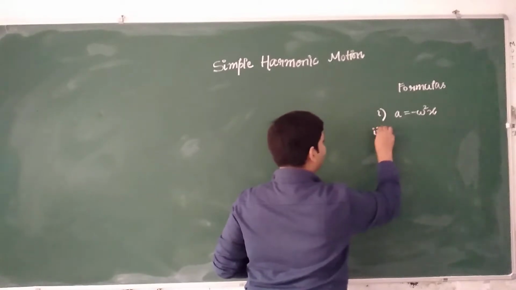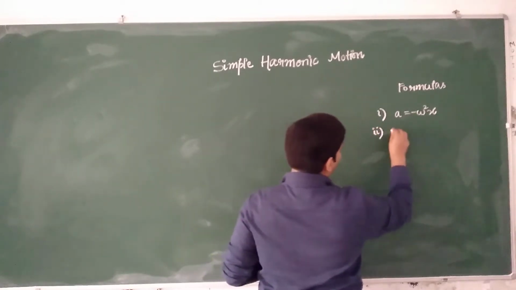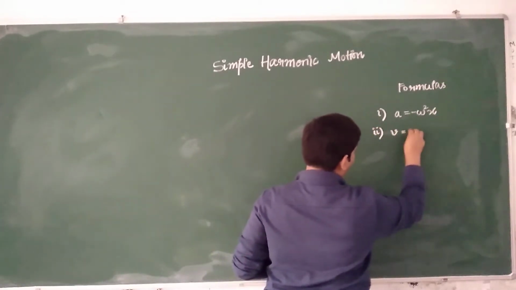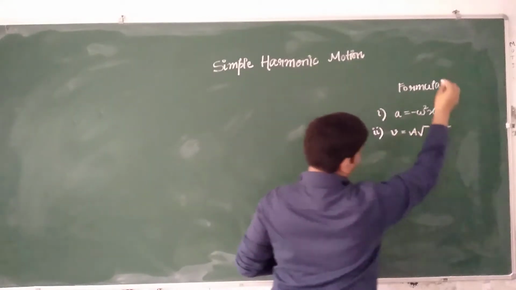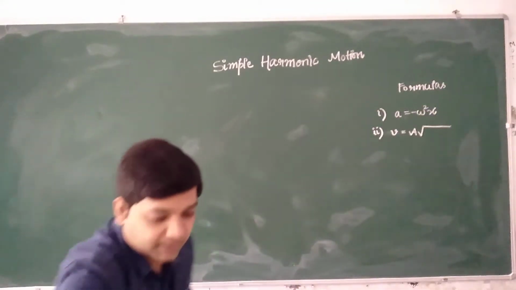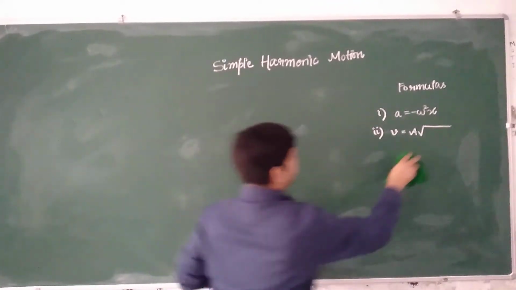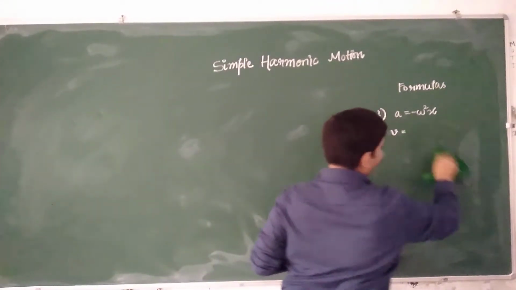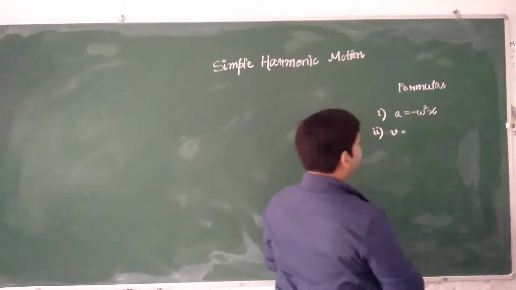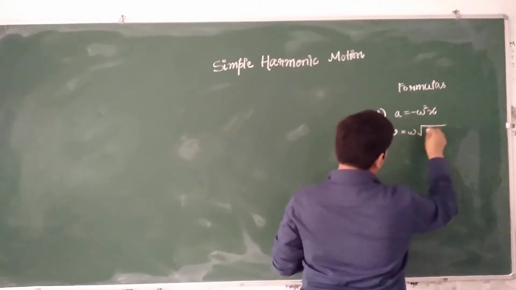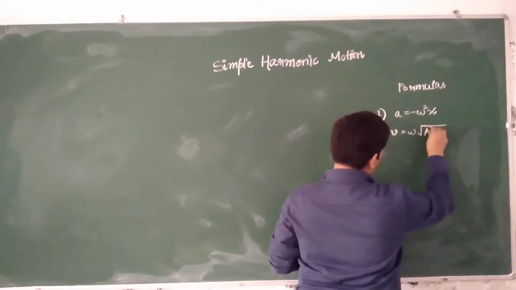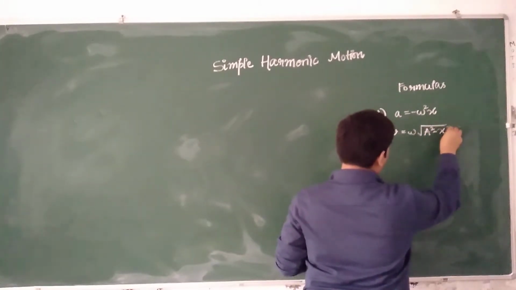And the second formula we have is v is equal to omega under root of A square minus x square.